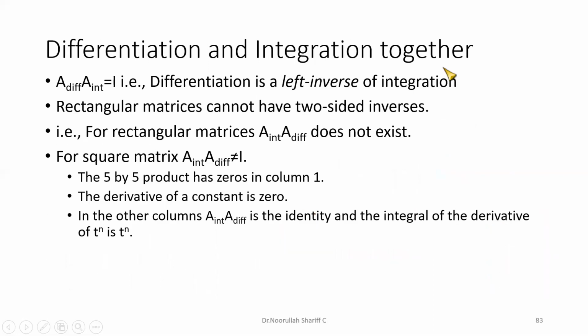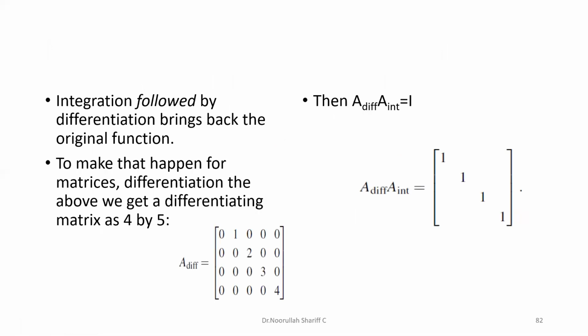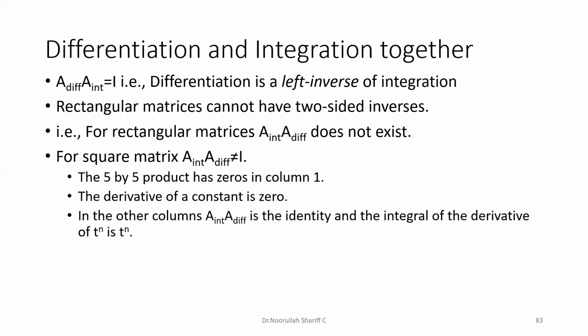However, we see that the differentiation multiplied by the integration will give I. That is, differentiation is the left inverse of integration. But a rectangular matrix cannot have two-sided inverses. That is, for a rectangular matrix, A_int A_diff does not equal I. The reason being that if you take a rectangular matrix, you can't get the value back at all.